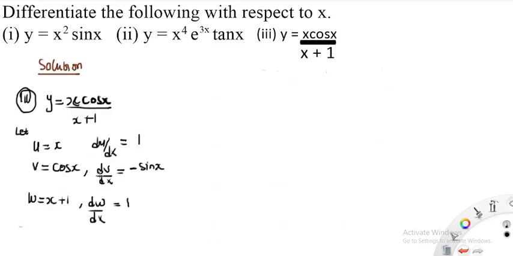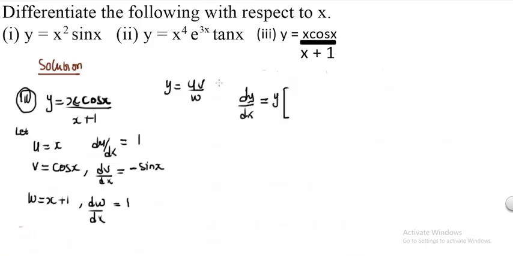So now that we've gotten all the derivatives, how do we go about it? Now remember, if we use our u, v, w and put them in place of our x, because x and x plus 1, y looks more like uv over w. So we're finding the derivative dy over dx is equal to y open bracket. Remember, for the numerators, we add all the terms there.